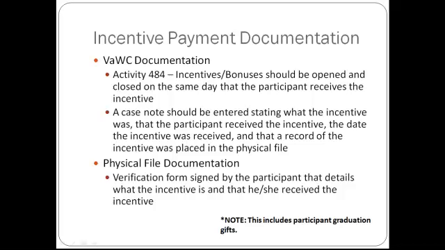In the physical file, there needs to be a written verification form signed by the participant that details what the incentive is and that he or she received the incentive. Incentives also include participant graduation gifts. The above documentation needs to occur for these gifts as well.